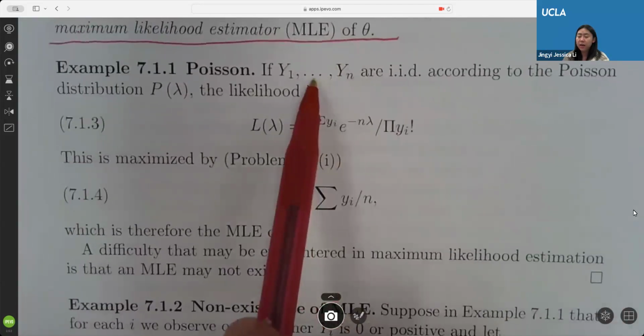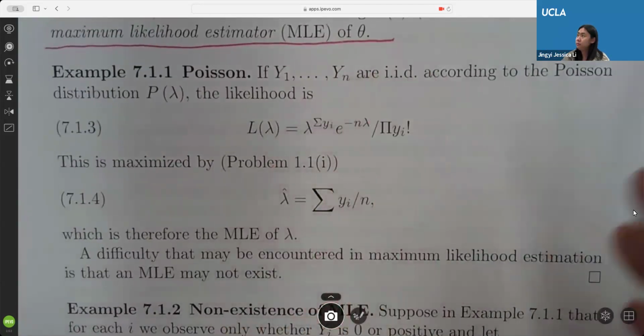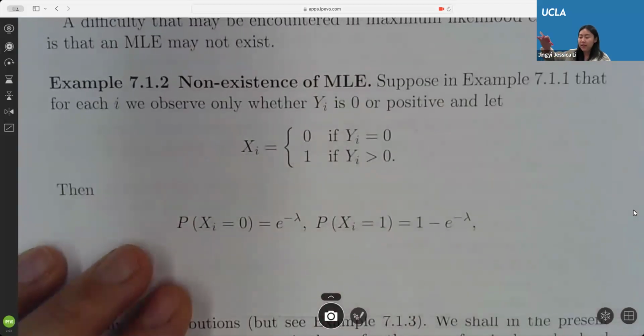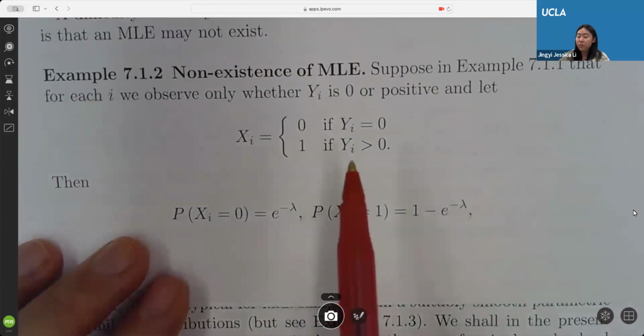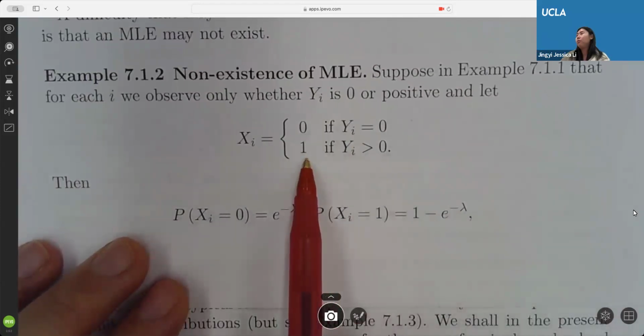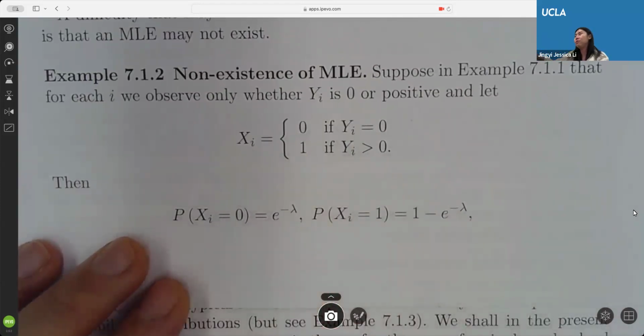So you actually get y1 to yn from Poisson, and depending on lambda, Poisson can give you different non-negative integer values, right? But here, if yi is positive, we just observe 1. We don't know the actual value of yi. This is not complete information.